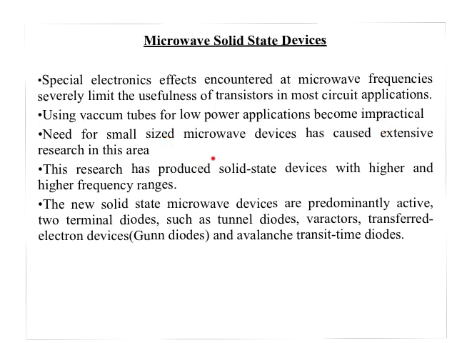Therefore, the need for small-sized microwave devices has caused extensive research, which has produced solid-state devices with higher and higher frequency ranges. The new solid-state microwave devices are predominantly active two-terminal diodes, such as tunnel diodes, varactors, transferred electron devices or Gunn diodes, and avalanche transit time diodes.